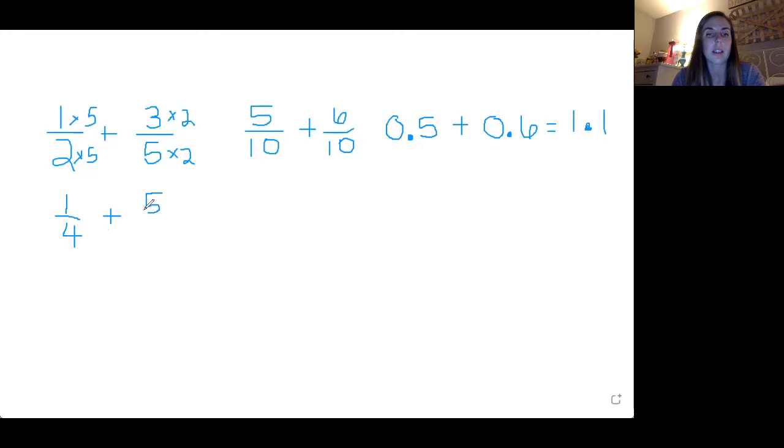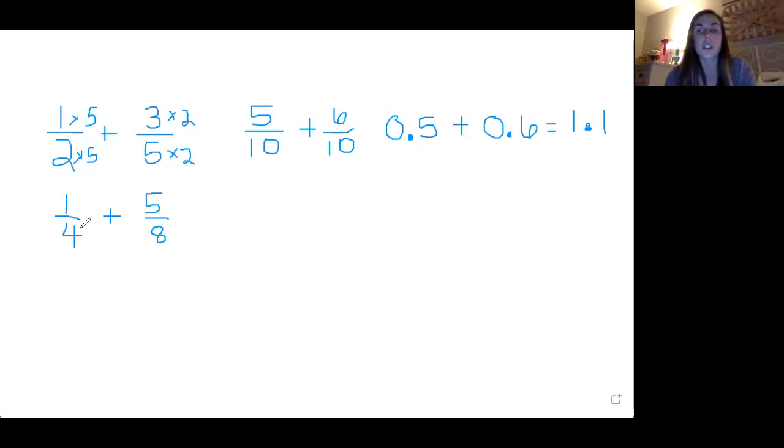If you wanted to add these two numbers, our closest multiple of 10 that 4 can turn into is 100. Our closest multiple of 10 that 8 can turn into is 1,000. That doesn't sound like something that we want to do. So we are going to turn each of these fractions into a decimal.